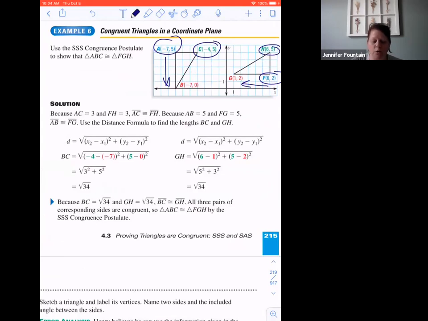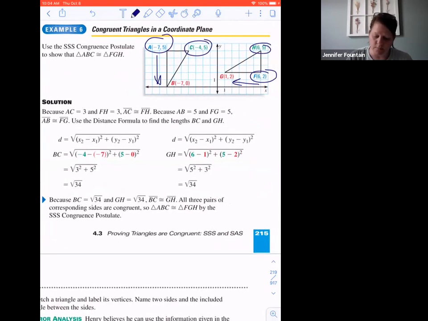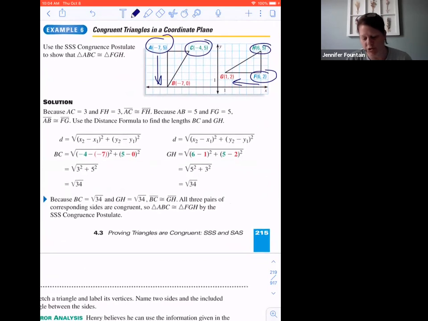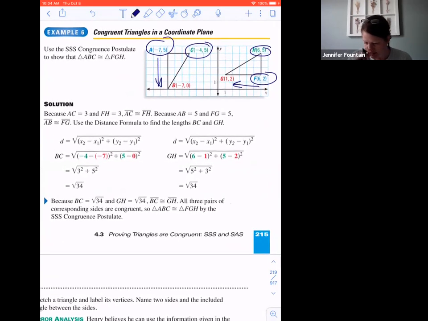I use my ordered pairs that they've given me. A is (-7, 5), B is (-7, 0), C is (-4, 5). F is (6, 2), G is (1, 2), H is (6, 5). So the first one says because AC equals 3.